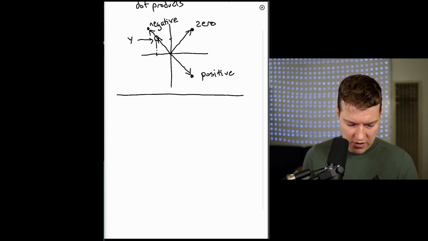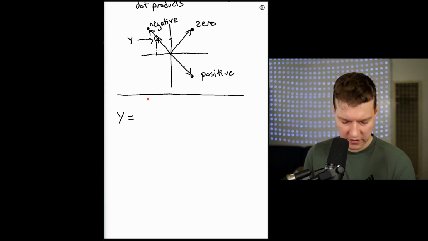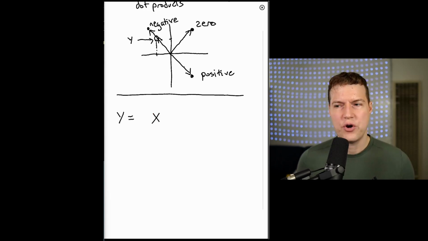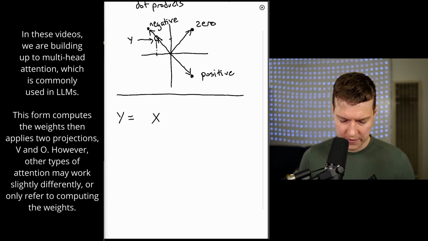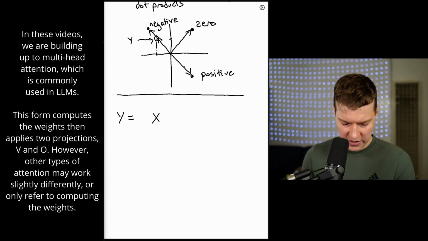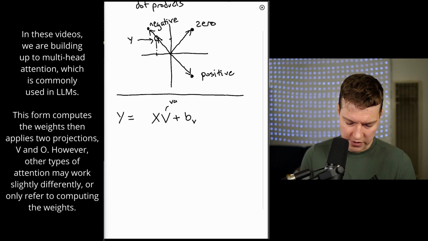We're creating this y, and we take our input, which we called x. This is the classical way of describing the output of attention. First, we have a few linear transforms. We take the input x and transform it using a value linear transform like this. These are called values. This is the value projection.